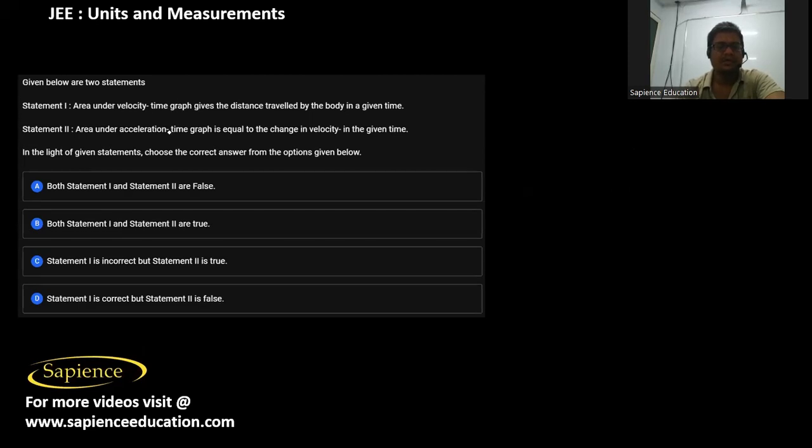Then here it is told, given below are two statements. Statement one is that area under the velocity time graph gives the distance traveled by the body in a given time. Area under velocity time graph gives the distance traveled by the body in a given time.